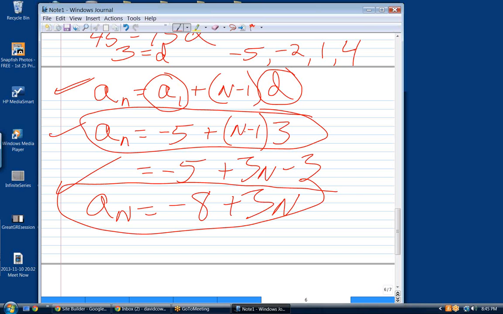All right. So, same question. Find the value for n such that A sub n would be equal to 40. So A sub n equals 40, so I'm going to plug in 40 for that. Now figure out what n has to be.